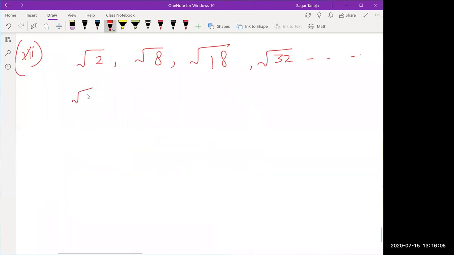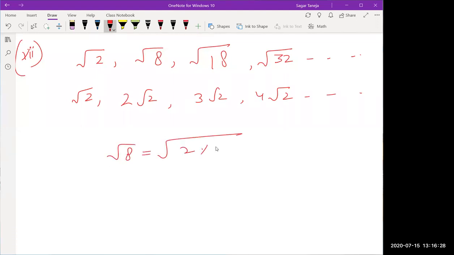This can be written as root 2, it is same, and this can be written as 2 root 2, and this is 3 root 2, and this is 4 root 2. How is it possible? Because see this 8 can be written as 2 into 2 into 2. Those who are not knowing, for them I am telling this, 2 root 2. 2 will come out and root 2 inside.